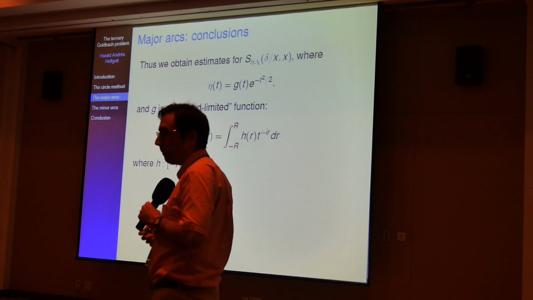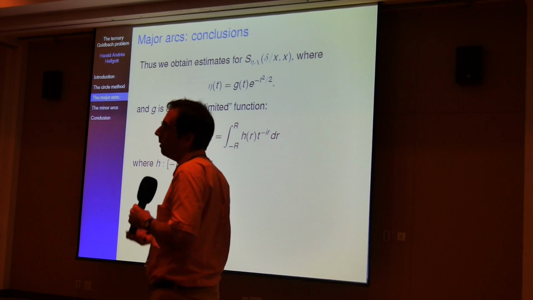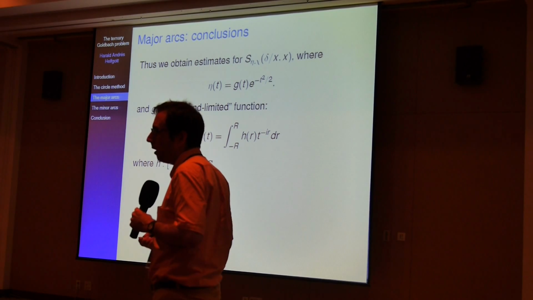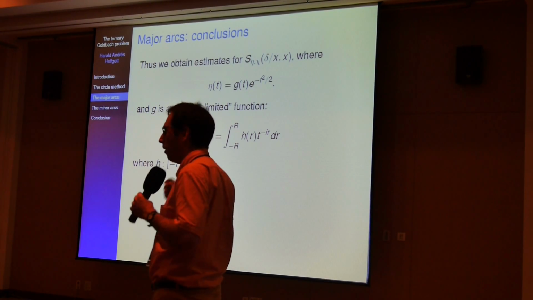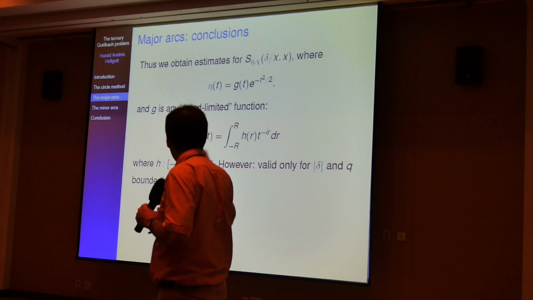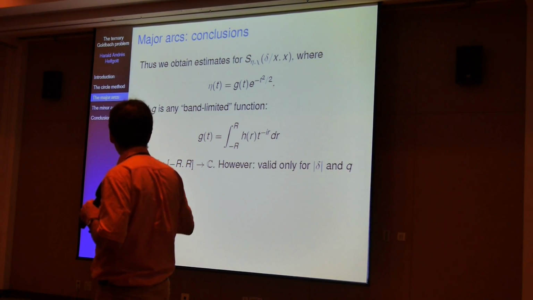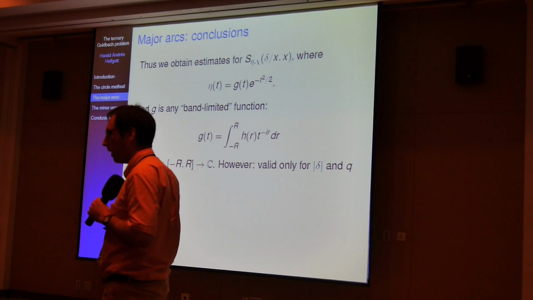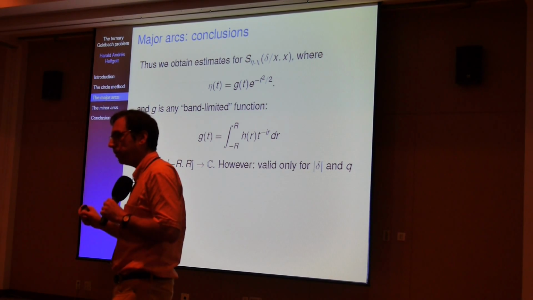But in fact, I left the major arcs for the last year of my work. I knew more or less how things would work out, but I was confident things would work out. I spent years and years working on the minor arc part, which was a much closer shape. You see, the problem with this is that it's very accurate, but because it's based on GRH verifications, it's valid only for delta and Q bounded.